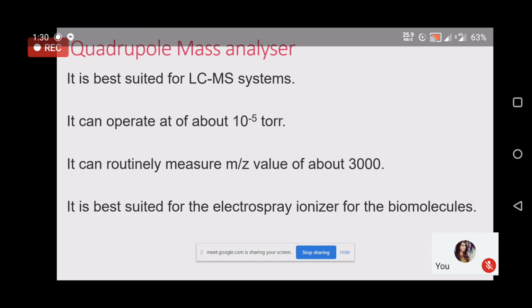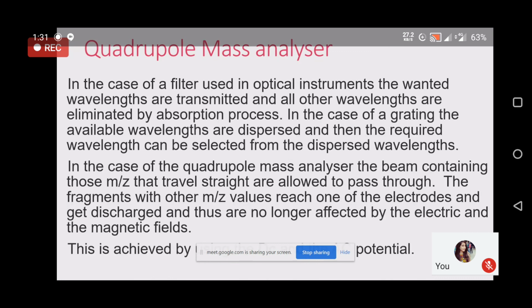It can routinely measure M by Z values of about 3000. It is best suited for the electrospray ionizer of the biomolecule. That is the next part which we are going to consider: the ways in which you can ionize an LC and use the different types of interfaces.